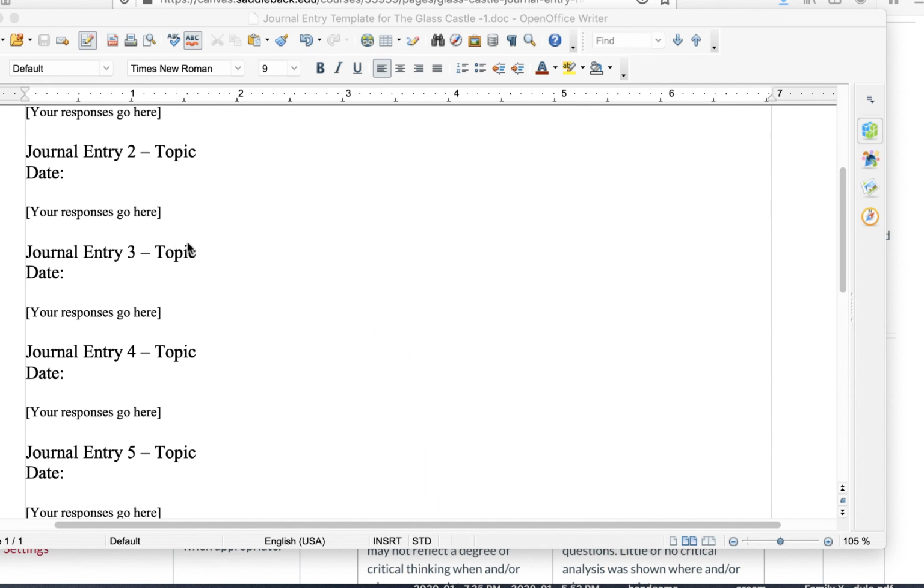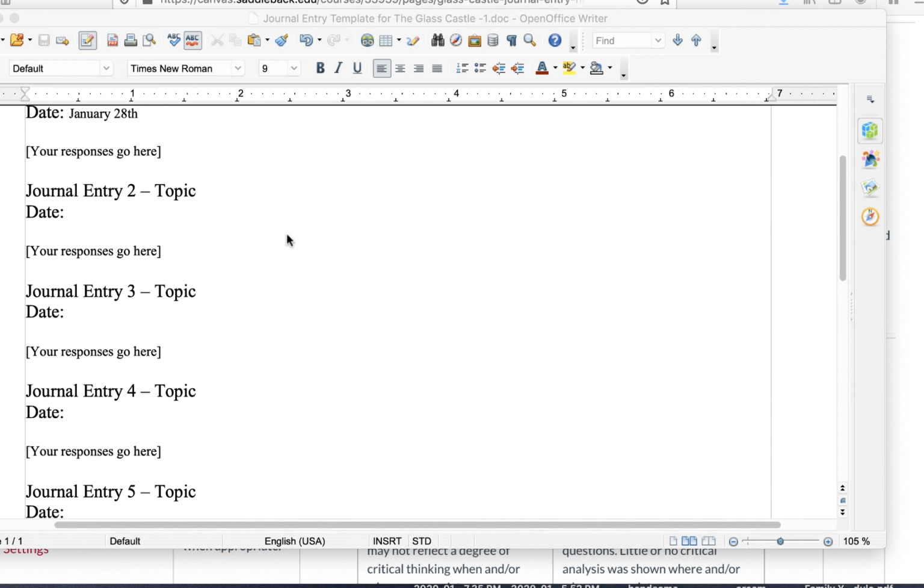So remember, open it up in Canvas and then save the document to your desktop. However, if you don't have Microsoft Word, then open it up in Google Docs, or you can make your own document as long as I can see it, as long as it's a document that I'm able to read in Canvas, okay? Like a text file, a PDF file, something like that.